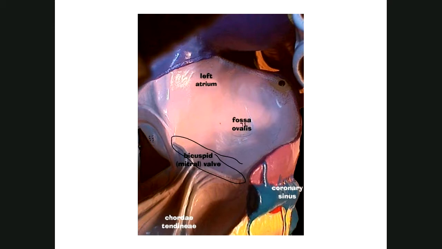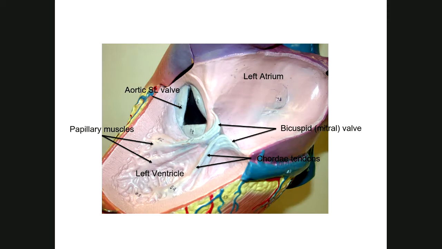There's the chordae tendons. And if we follow those down, we're going to get to papillary muscles. So there's the valve, there's the chordae tendons, and there's the papillary muscles.